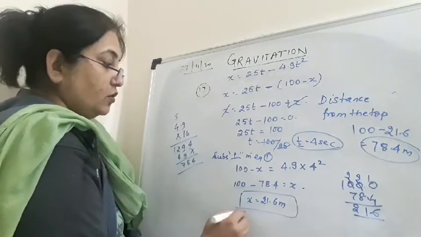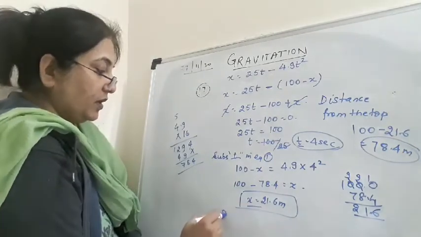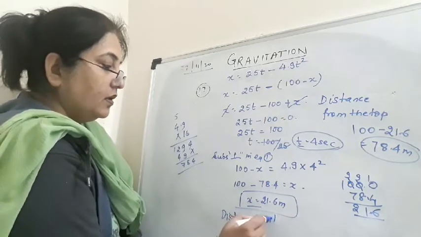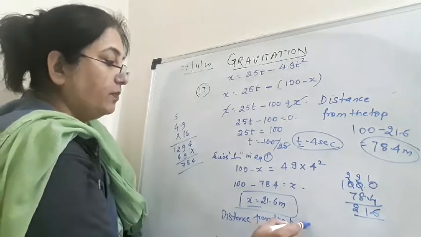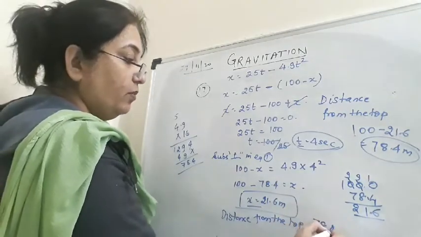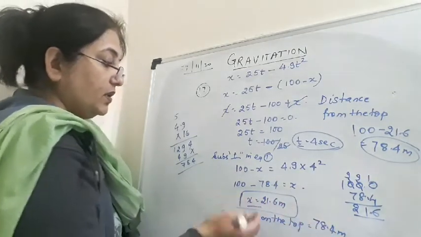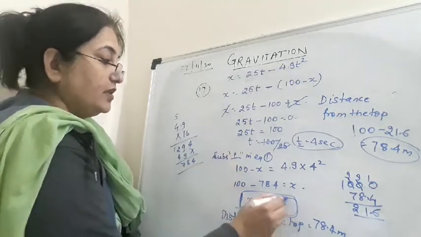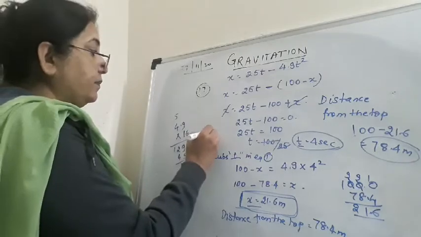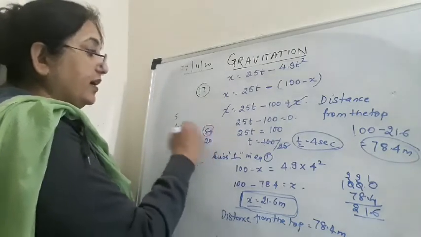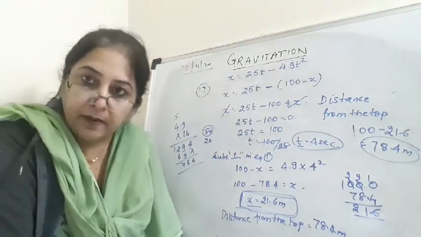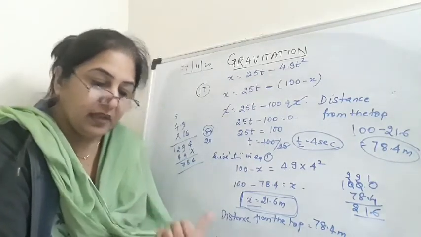So distance from the top is 100 minus 21.6, that is equal to 78.4 meters, and distance from the ground is 21.6 meters. Now they have got the answer as 80 and 20. Why 80? Because they must have taken the value of g as 10 and then calculated.